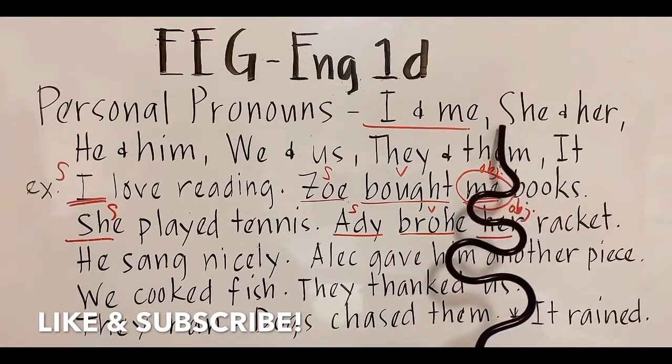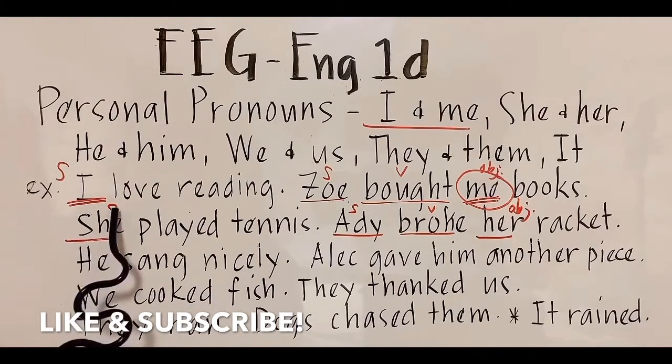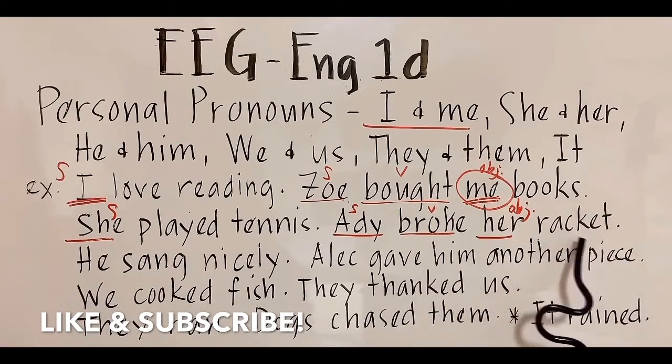Now let's go to she and her. She played tennis. Addie broke her racket. Who is the one we're talking about in the sentence? It's she. So she is the subject. Addie broke her racket. Who is the one we're talking about in the sentence? Addie.